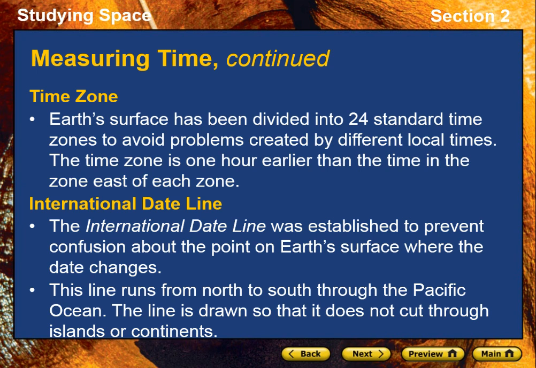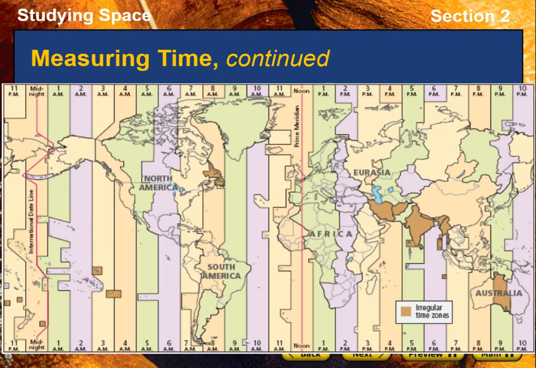When it is Friday west of the international dateline, it is Thursday east of the line. The line is drawn so that it does not cut through islands or continents. Thus, everyone living within one country has the same date. Note where the line is drawn between Alaska and Siberia.